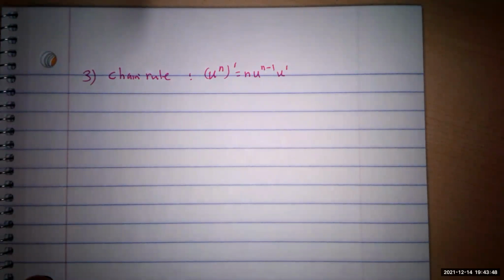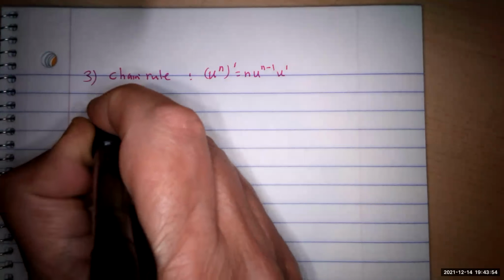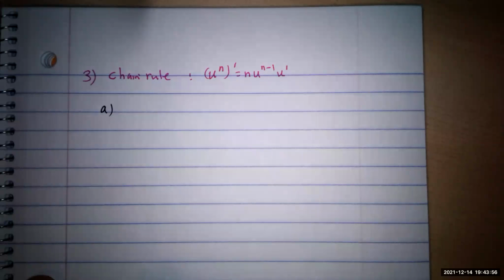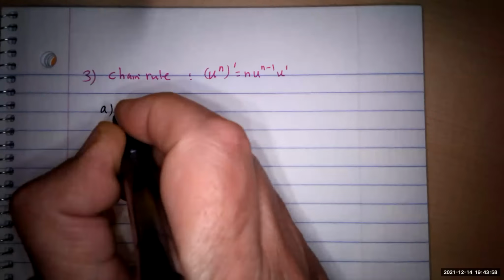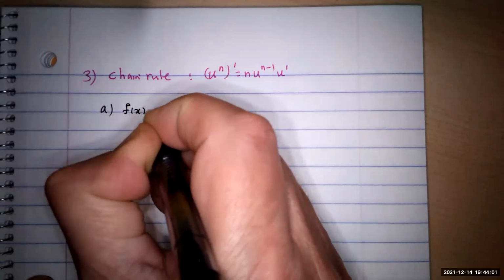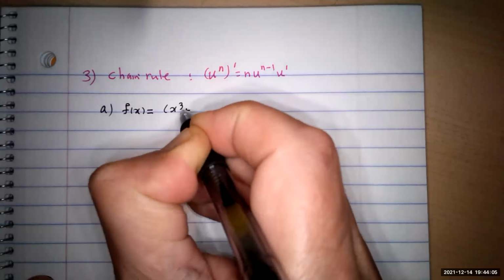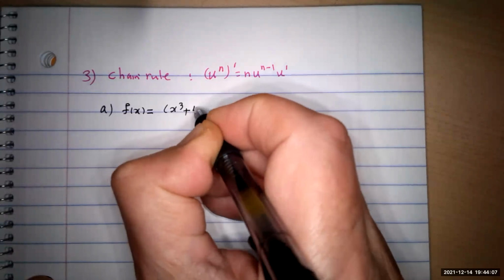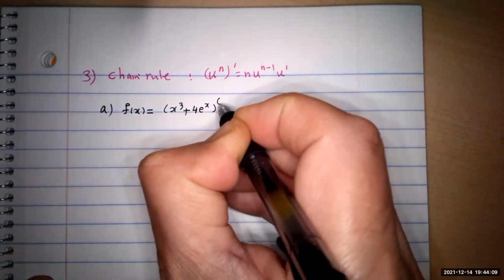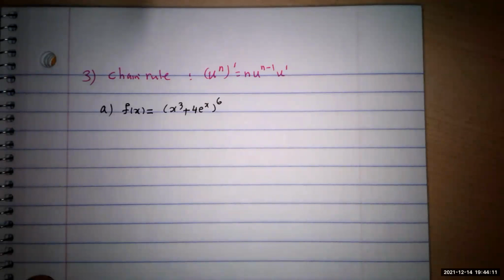One is just the power function, and the other one you may get with the product. Okay, so these are again from the previous review. So f of x equal to x cubed plus 4 e to the x, everything to the 6.